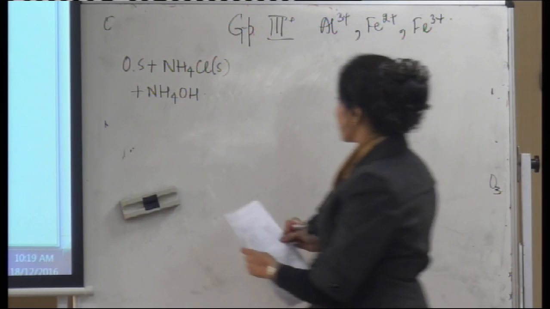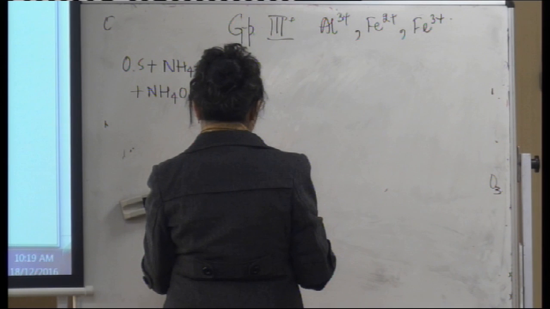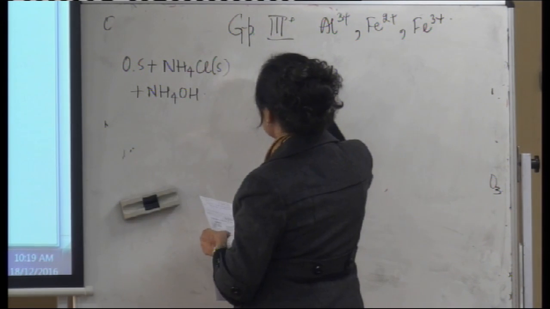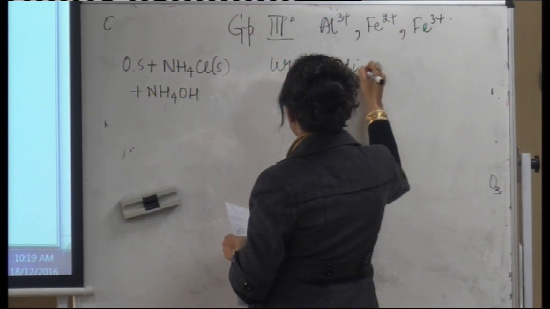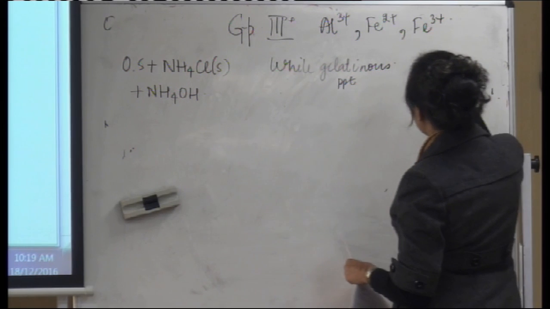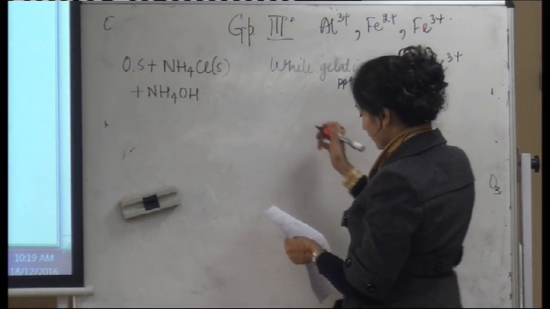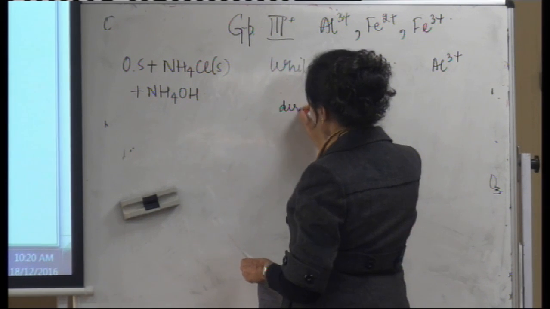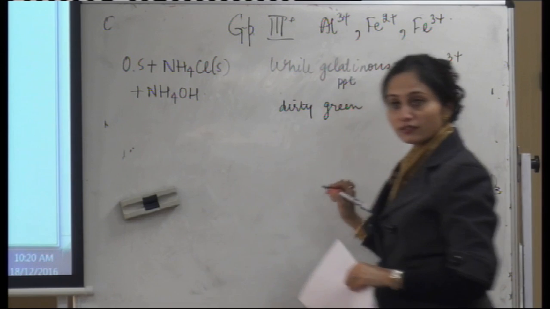So what happens is in this case you add NH4Cl and NH4OH. So if you get a white gelatinous precipitate, then it indicates your Al3+. Okay, if you get a dirty green precipitate, green indicates your Fe2+.